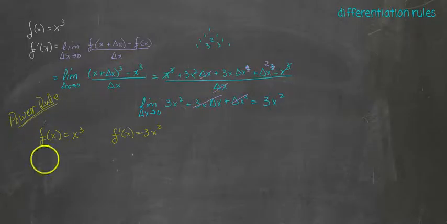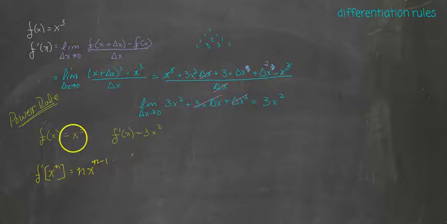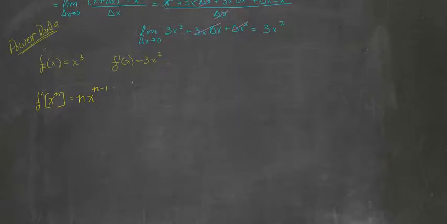What the power rule says is that if I take the derivative of a function involving a variable to a power, I can just take the power out in front, so n times x to the previous power minus 1. And you can see that that's exactly what happened here. I brought the power down, so I have a 3 in front, and 2 is the same thing as 3 minus 1.